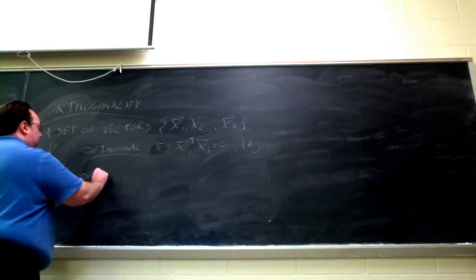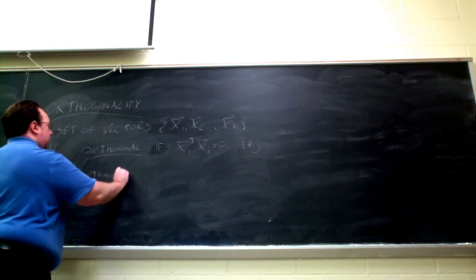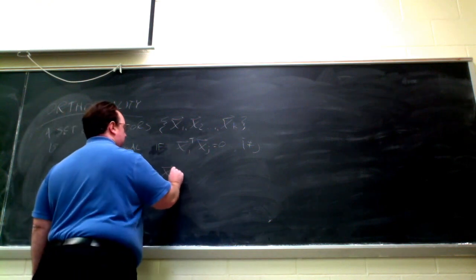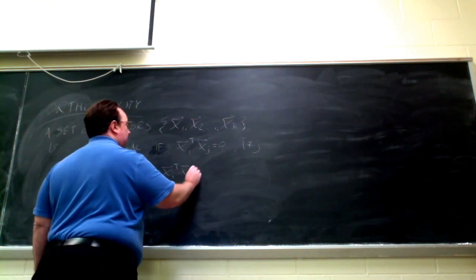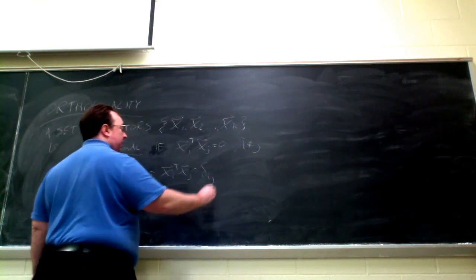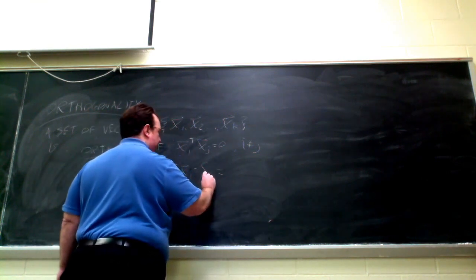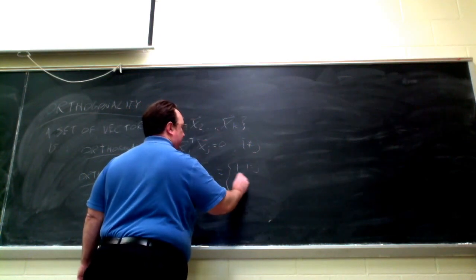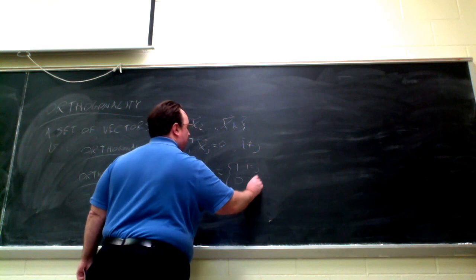And orthonormal if their inner product is the Kronecker delta, which, as I mentioned before, is the expression that's equal to 1 if i is equal to j and 0 otherwise.